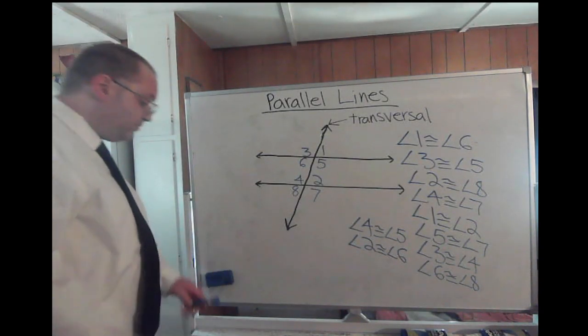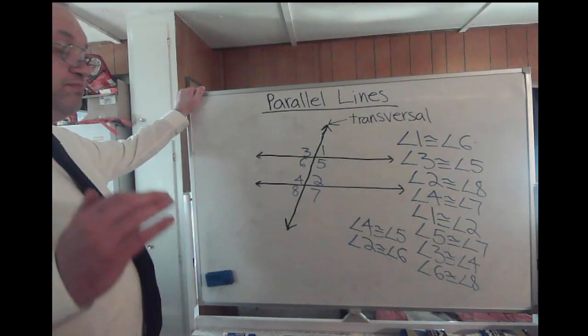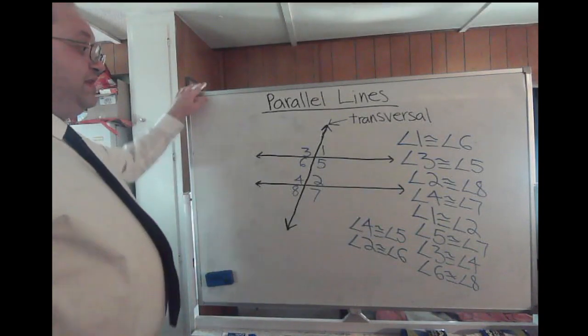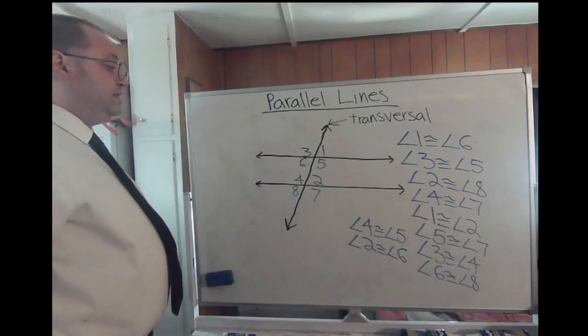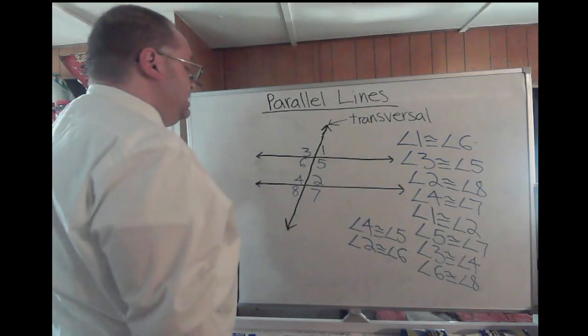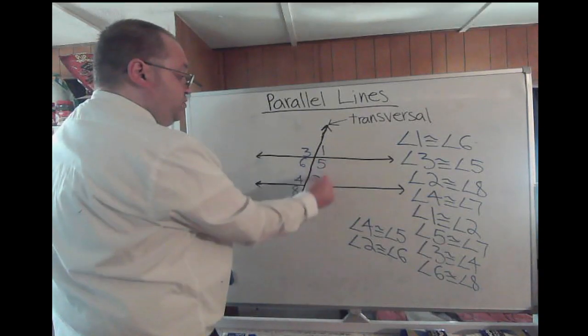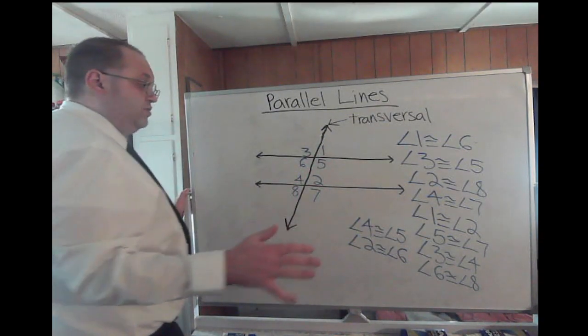But if you follow the different properties we've been given today, you could find a lot of congruencies. You could find a lot of angles congruent to each other. So, again, remember with parallel lines, corresponding angles such as 1 and 2, because they're on the same part of each line, they're congruent.